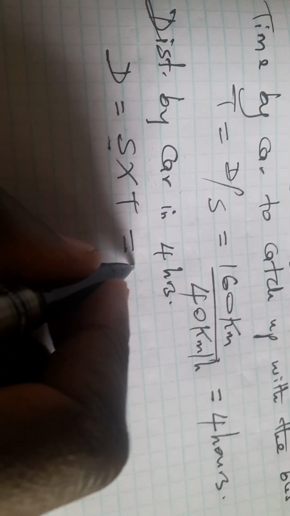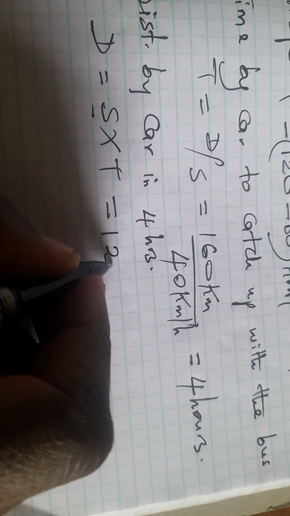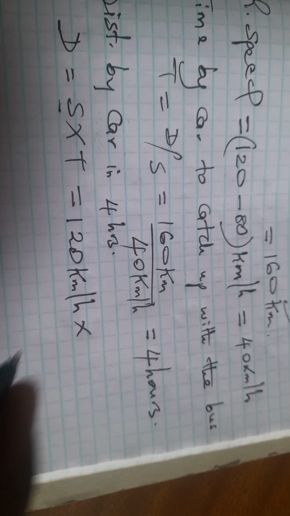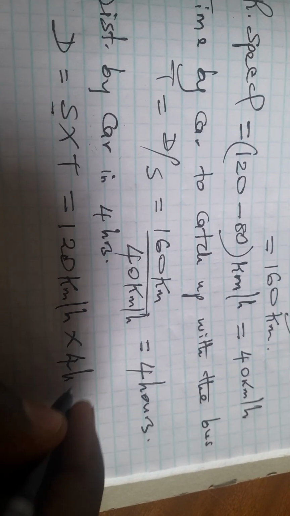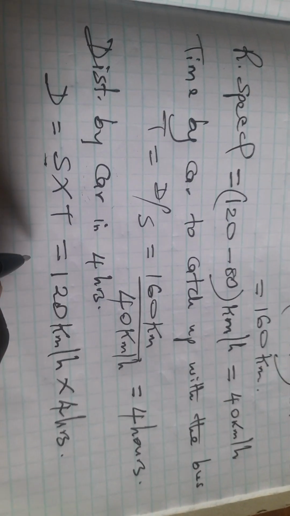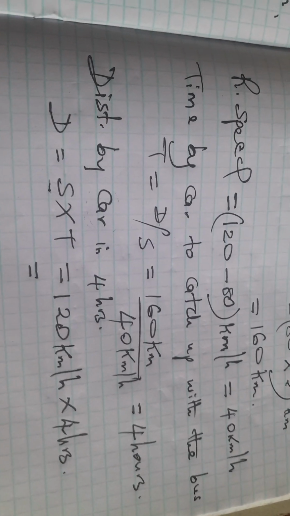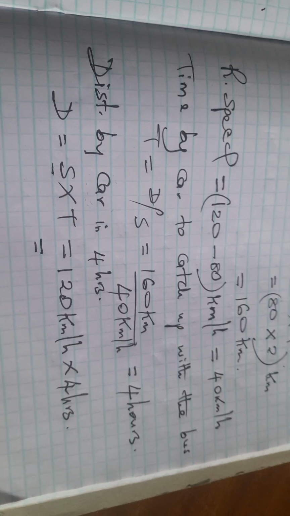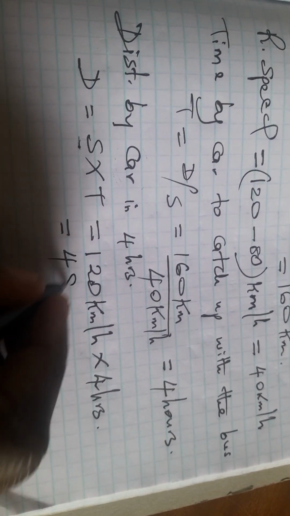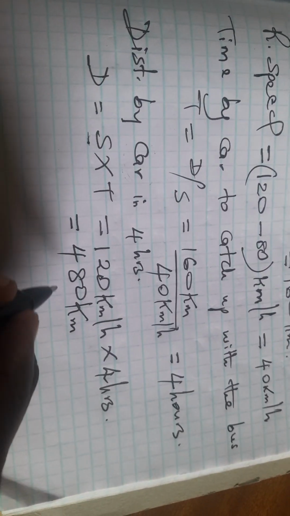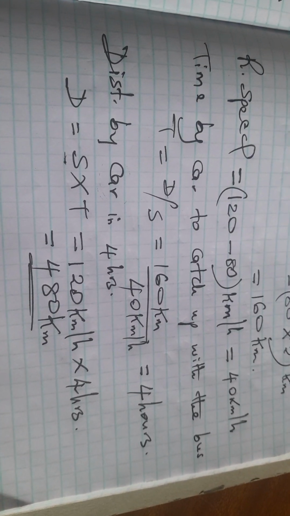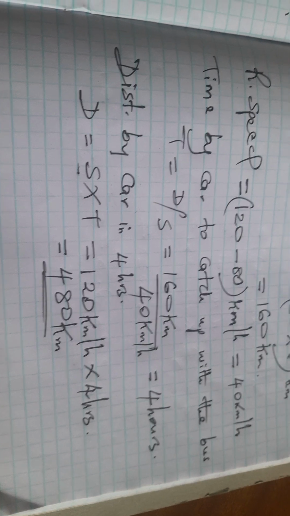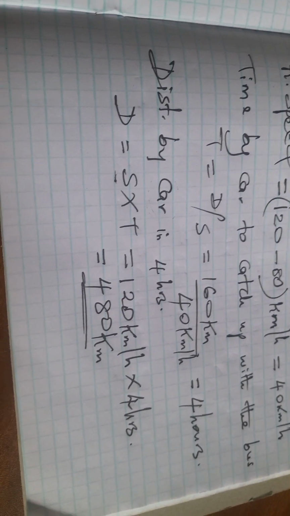So let us substitute: 120 kilometers per hour times 4 hours. When you work this out on your calculator, 120 times 4 hours, you get 480 kilometers. So this means that the car covered 480 kilometers before it caught up with the bus.